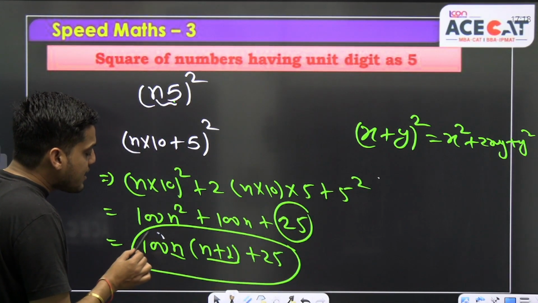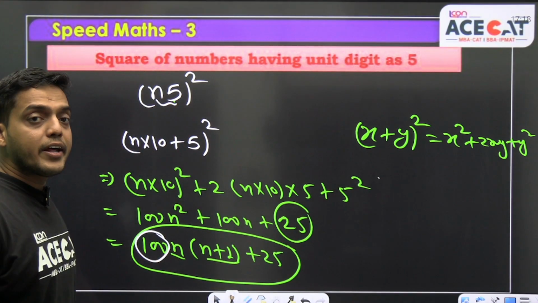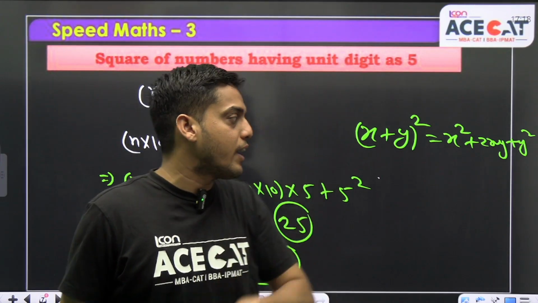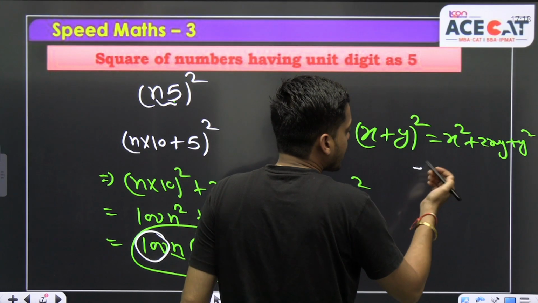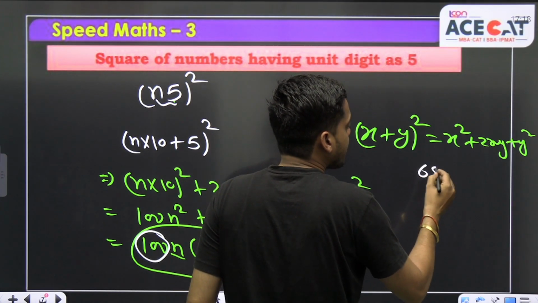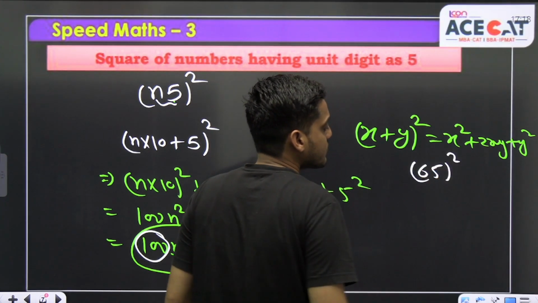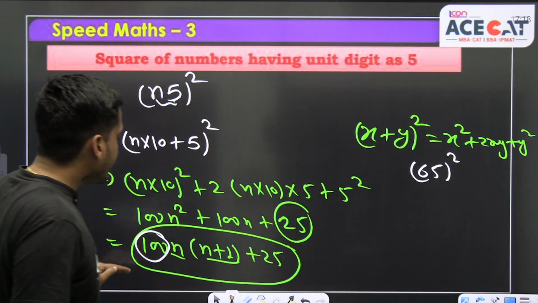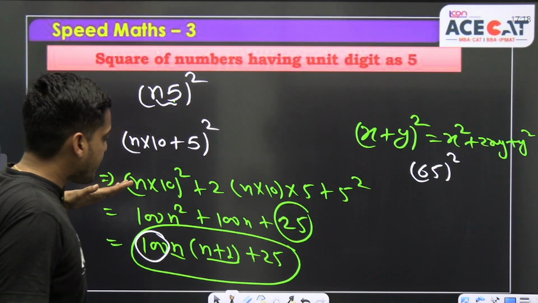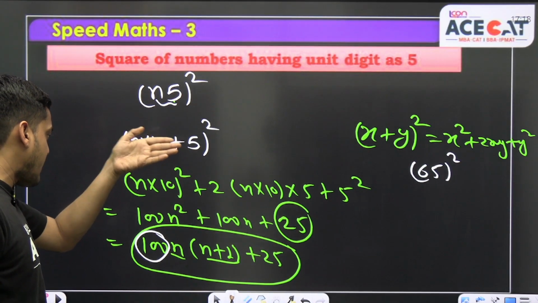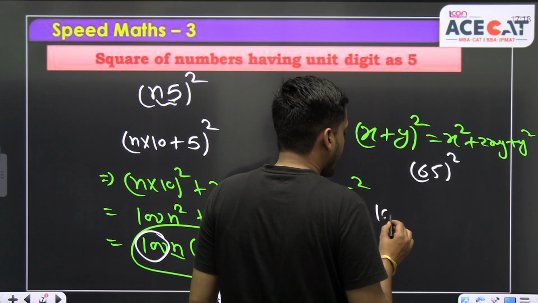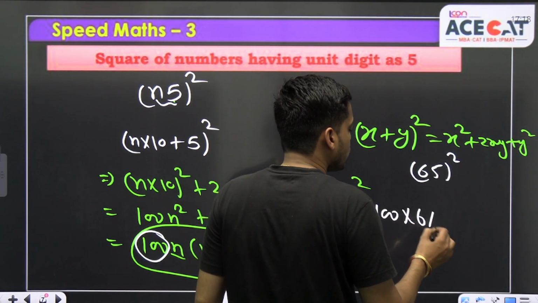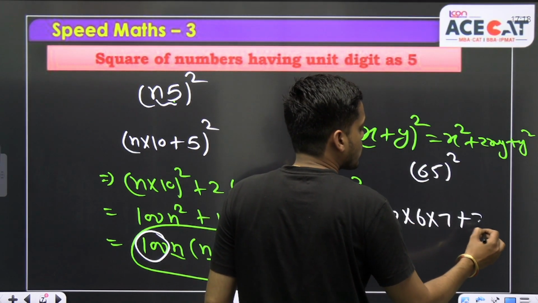If any number is getting multiplied with 100, it will give you 2 zeros in the end. Let me take a very basic example for you guys. Like I am going to solve the square of 65. If I open that value, in the end it will look like this: 100 into 6 into 7 plus 25.